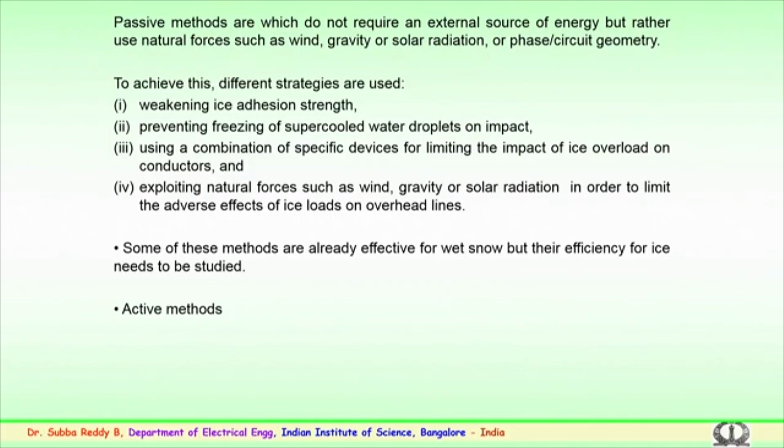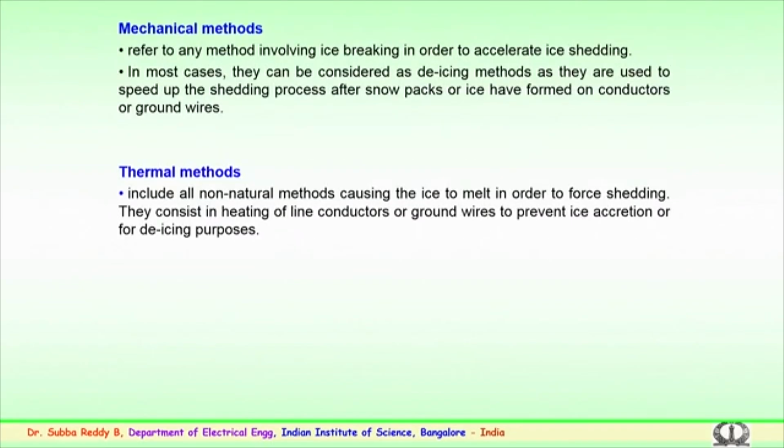The next is the active methods. We will be discussing the active techniques and methods which are being used for the insulators and also the conductors. The third is the mechanical methods. Again, the mechanical methods refer to any method involving breaking of the ice which is formed on the surface of the conductor or insulator. This is mainly to accelerate the ice shedding from the conductor or insulator.